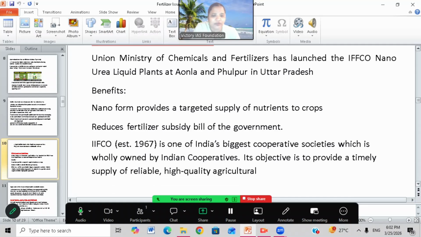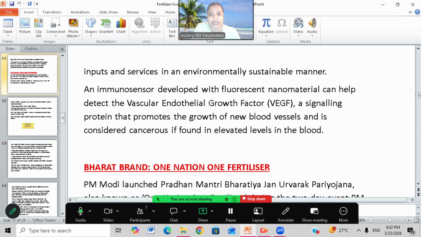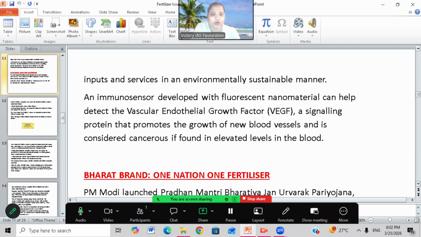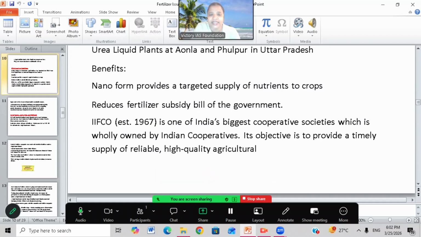Okay, so what is IFFCO here? IFFCO is the company that is producing this nano liquid urea. It was established in 1967 and it is one of India's biggest cooperative societies, wholly owned by Indian cooperatives.